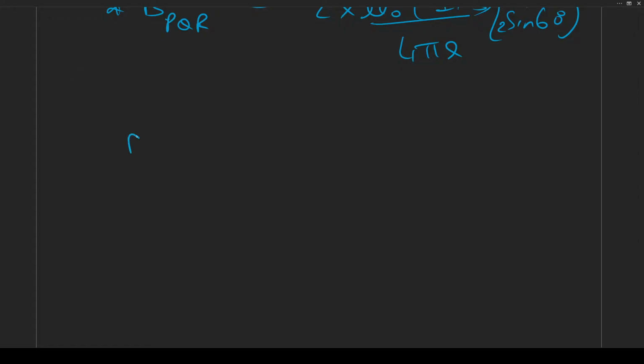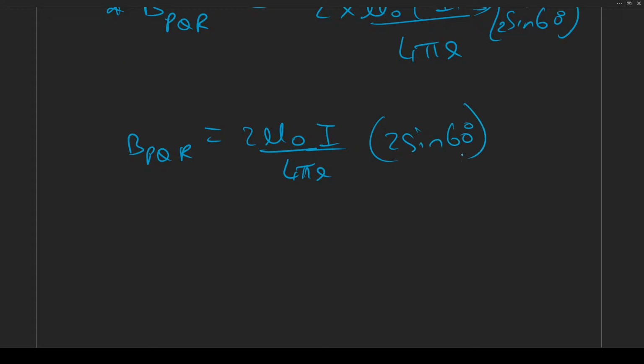This is directed to mu naught by 4 pi R I 2 sine 60 degree, pointed inside.